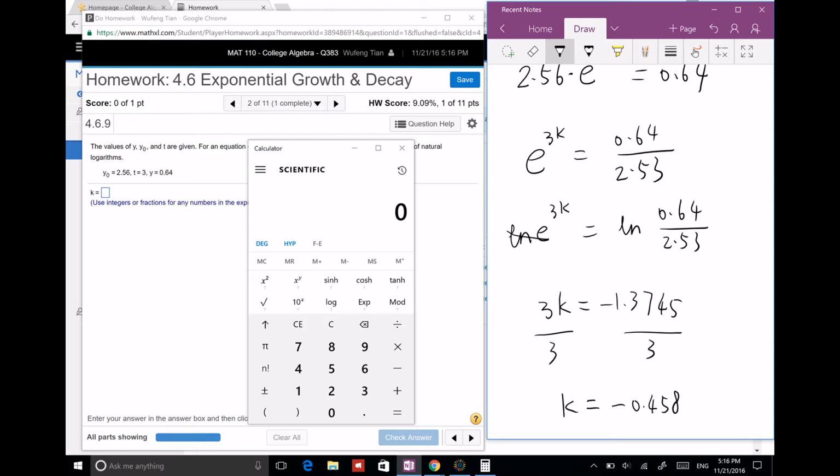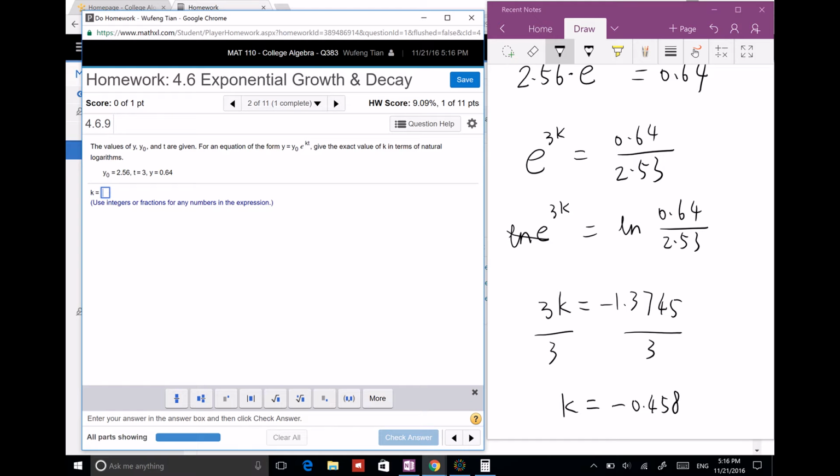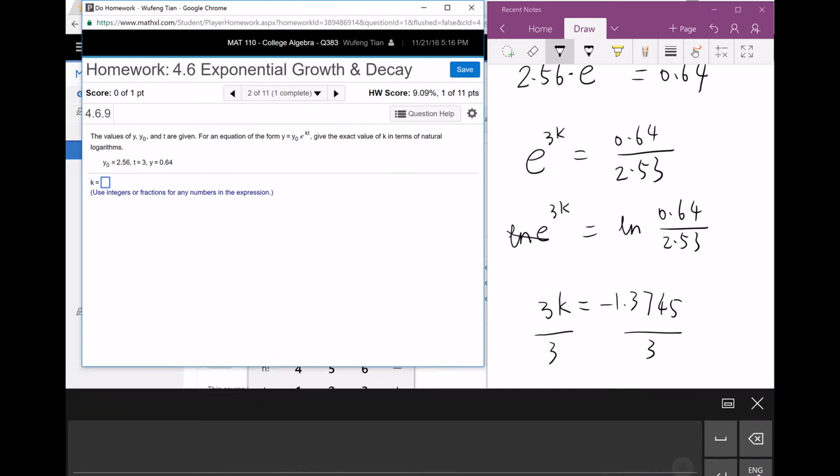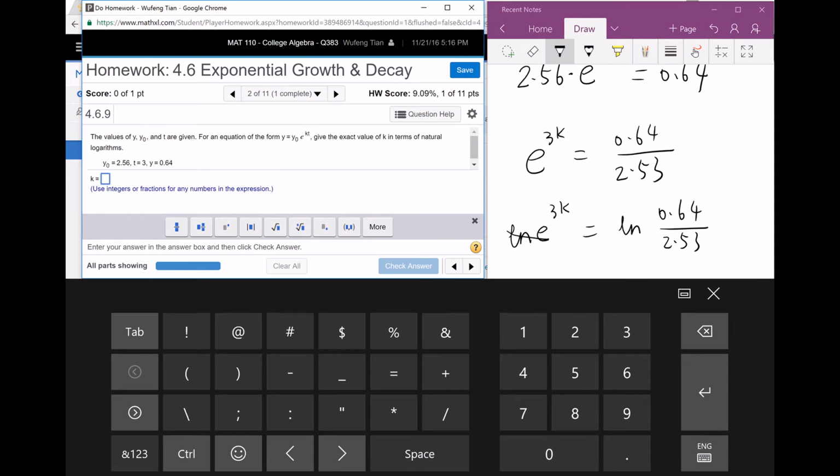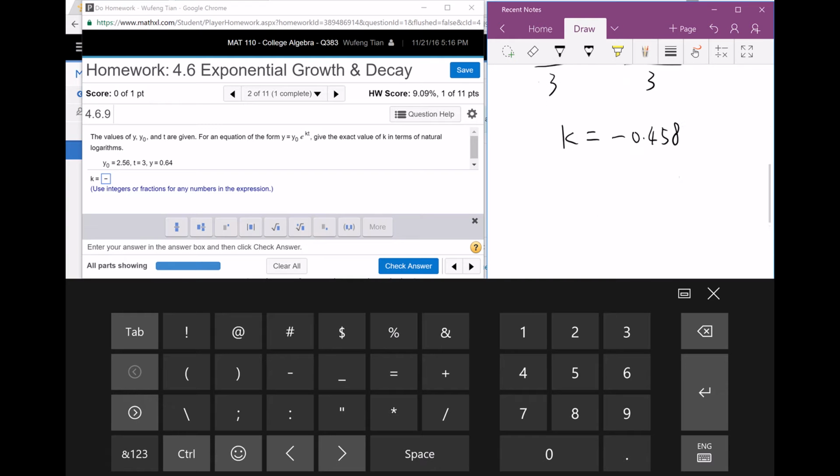The question asks for integers or fractions, any numbers in the expression. That just doesn't make sense to me. Let me see if it works for decimals, negative 0.458.